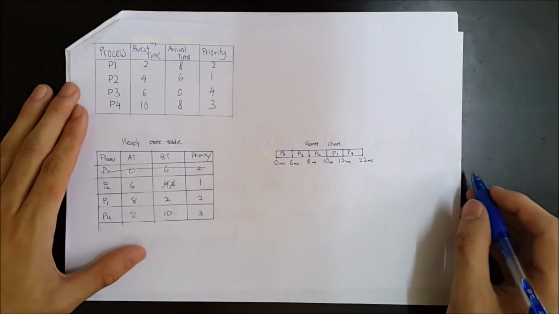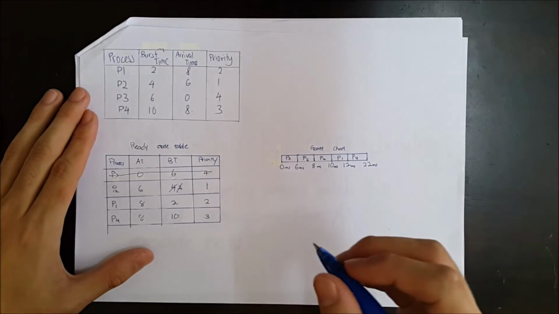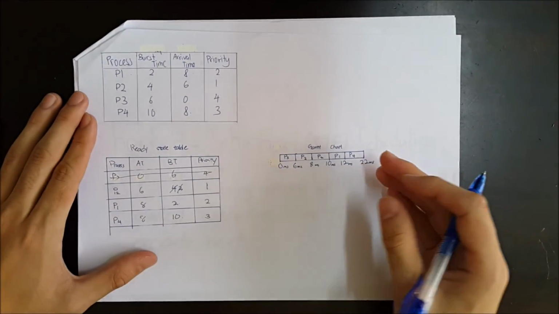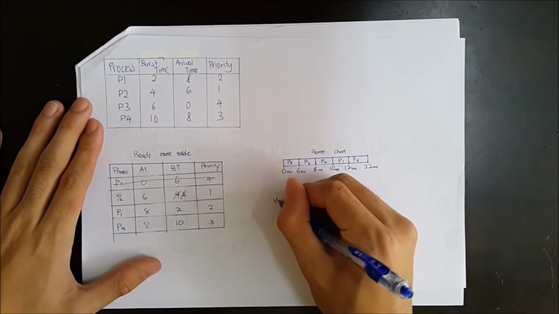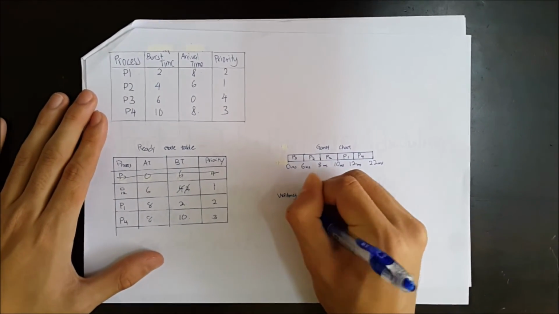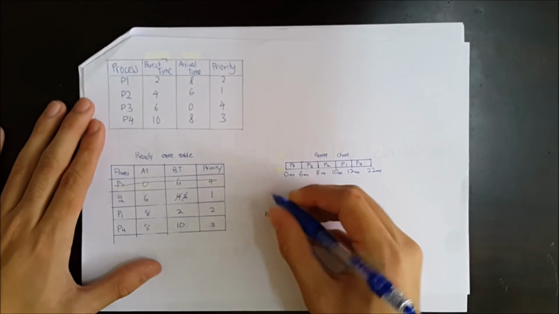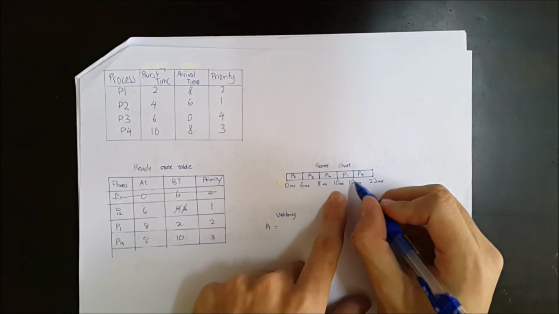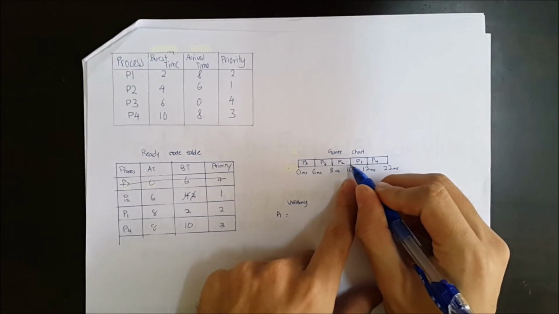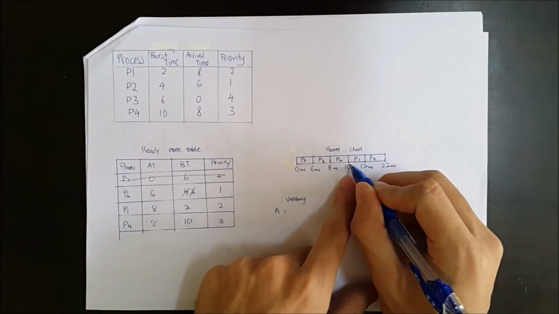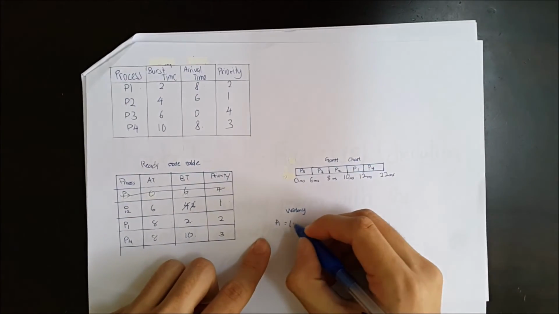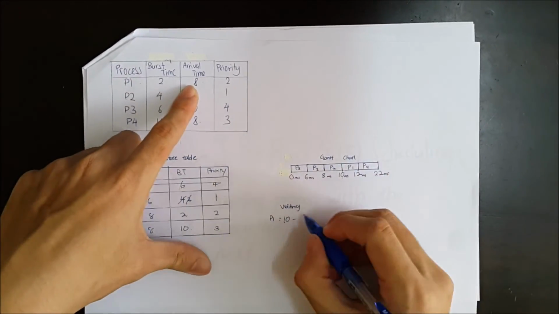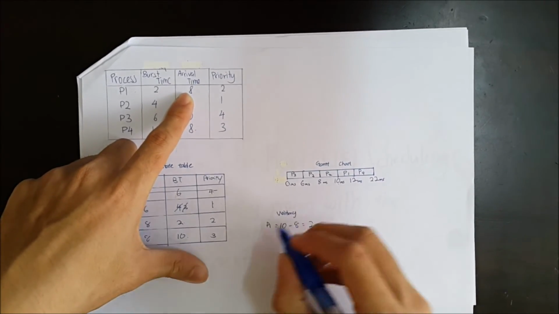Now we are going to calculate the waiting time for each process and also the average waiting time. Let's go to the waiting time first. For the first process, P1, we choose the line behind the process, which is 10, and minus its own arrival time, which is 8, equals 2.